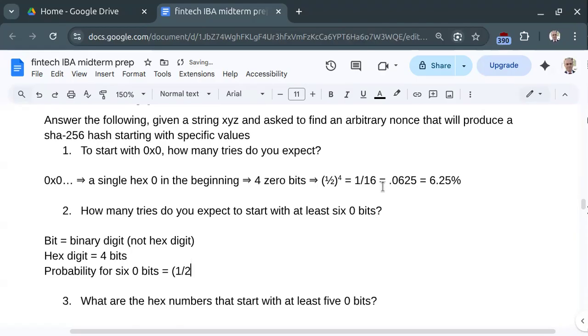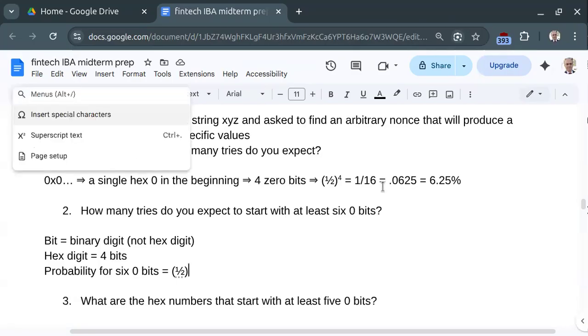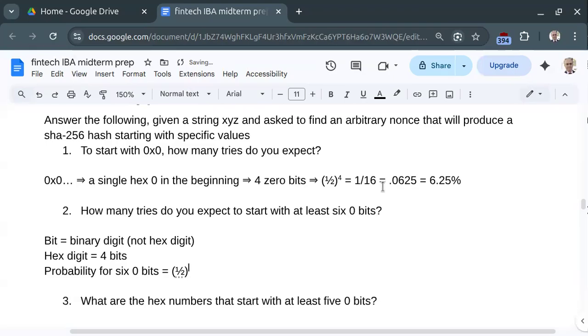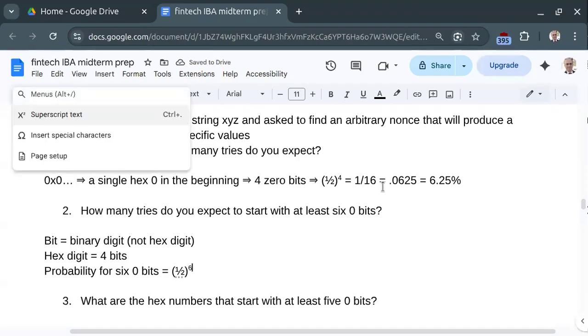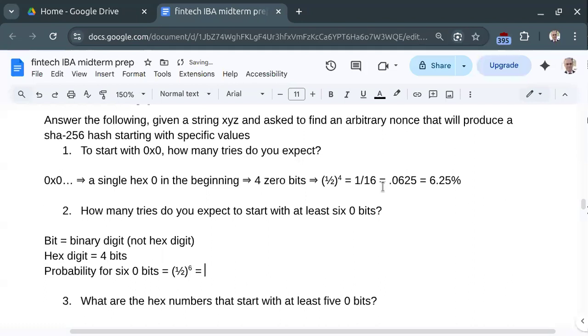Remember, for a 0 bit, I have probability 50%. To get 6 0 bits in a row, I need 1 over 2 to the 6th power, which is equal to 1 divided by 64, right? So that's a much smaller probability. Let's go to our calculator.